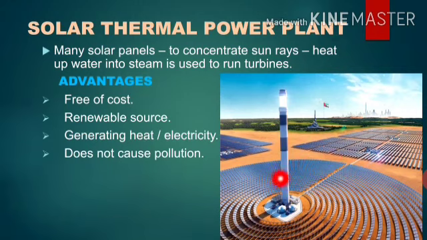What is the process happening here? All the solar panels concentrate the sun rays and heat the water into steam. Then the steam is used to run the turbines here and it produces electricity. So this is the solar thermal power plant.